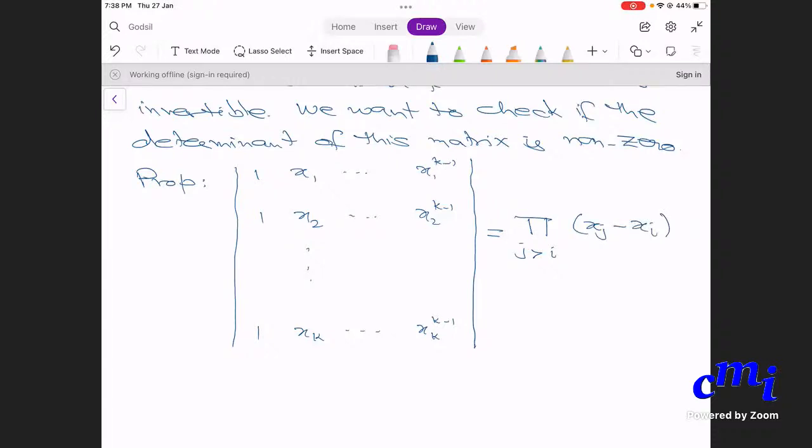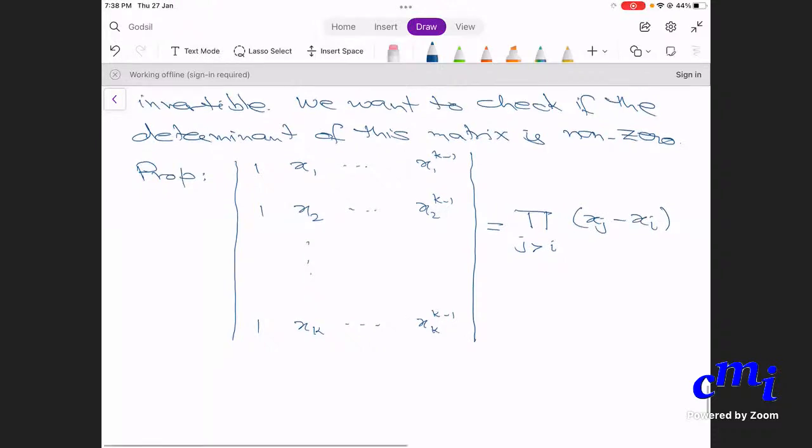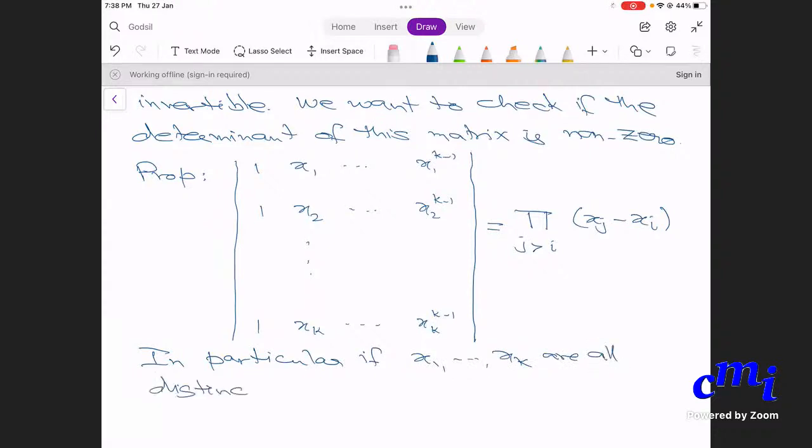In particular, the conclusion is if x1 up to xk are all distinct, then the determinant is not zero, because none of the terms xj minus xi are zero. So the product also is not zero, hence the determinant is not zero.